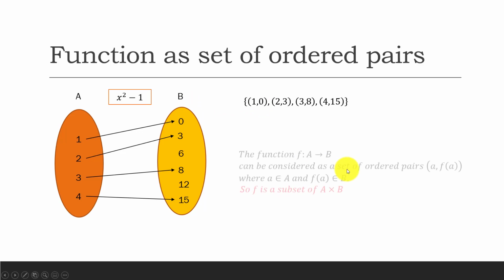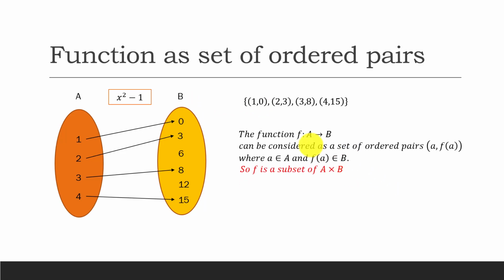So we can write the function f, which is a function from set A to the set B, as a set of ordered pairs (a, b), where a is coming from the set A, and b is nothing but f of a.